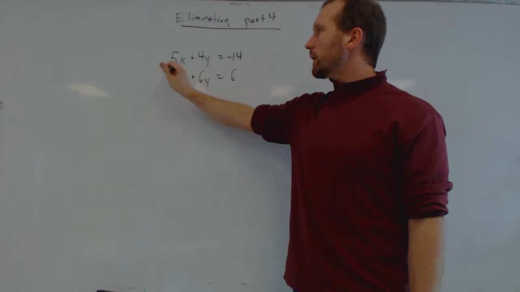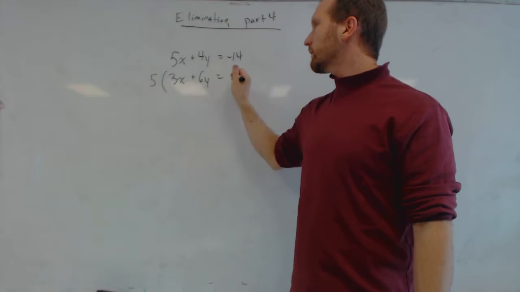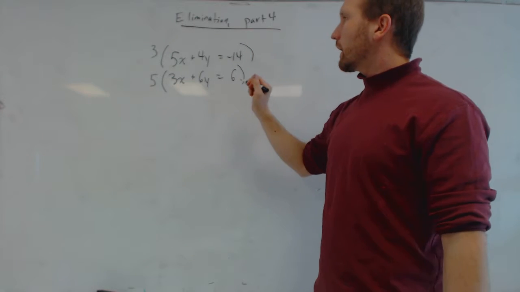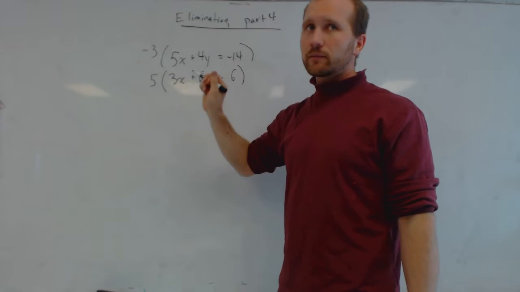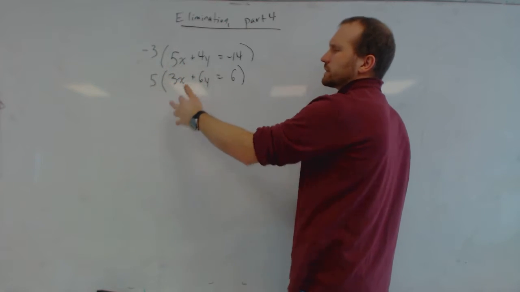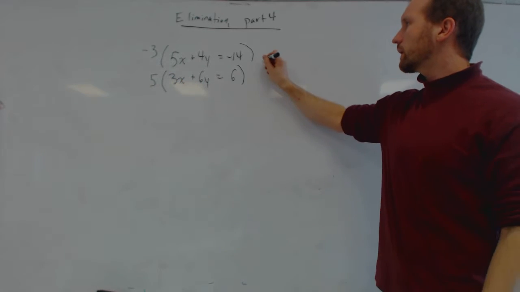But if I multiply this whole equation times 5, and this whole equation times 3, and let's make this one negative, then I'll end up with a negative 15x and a positive 15x. Okay?